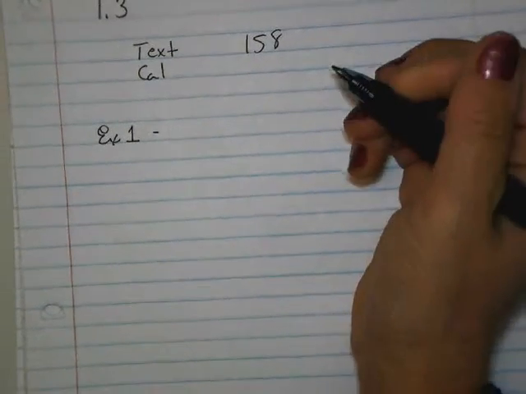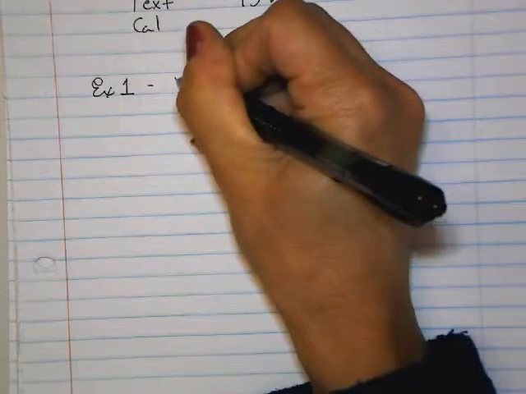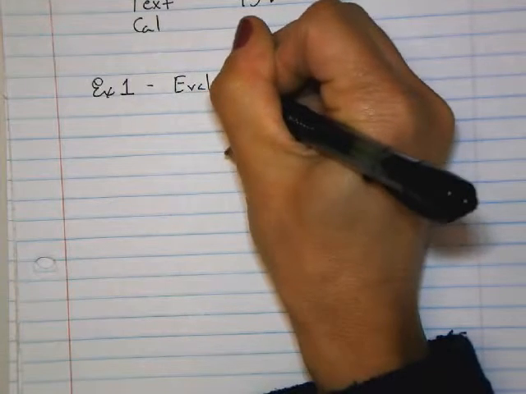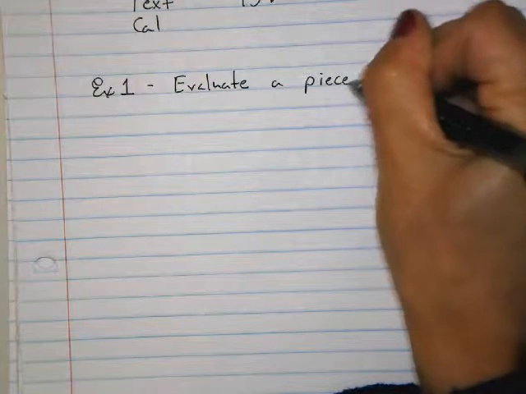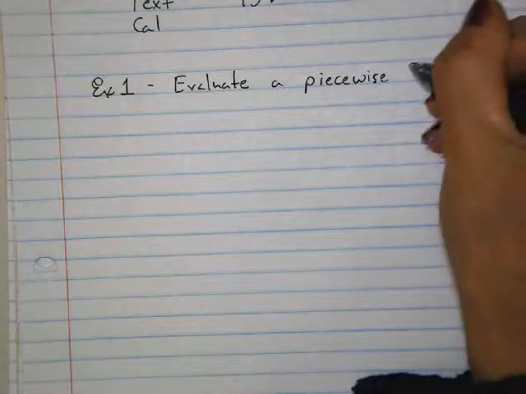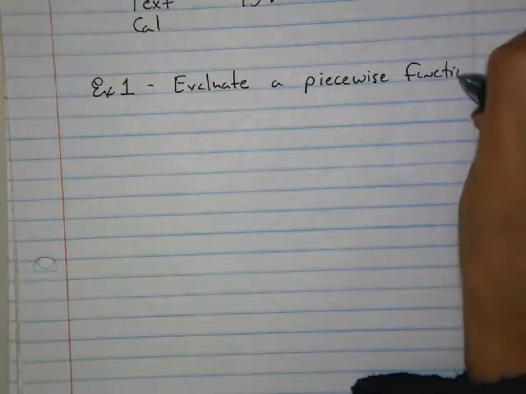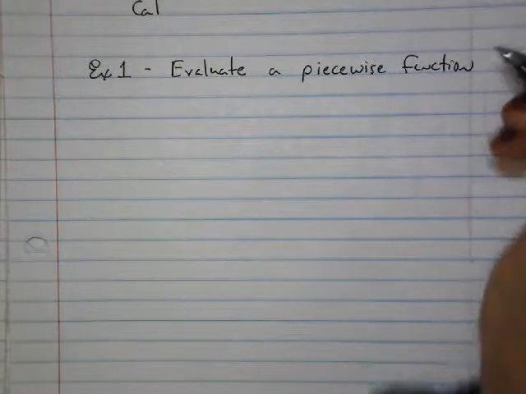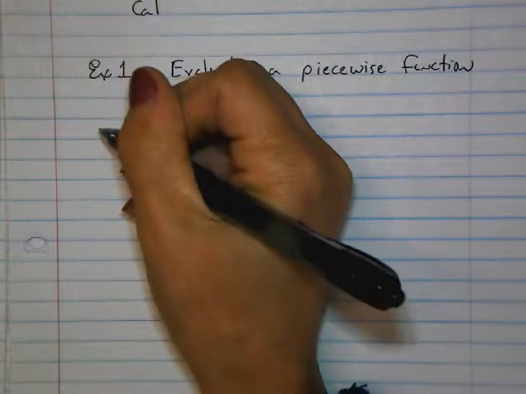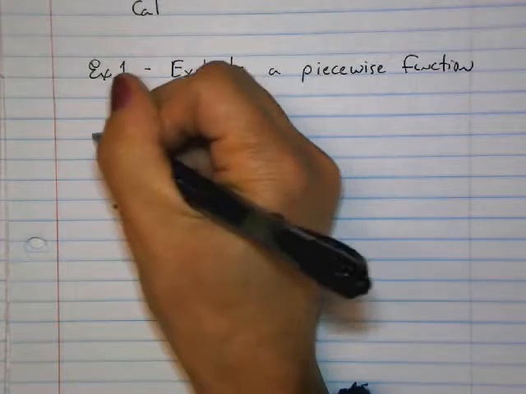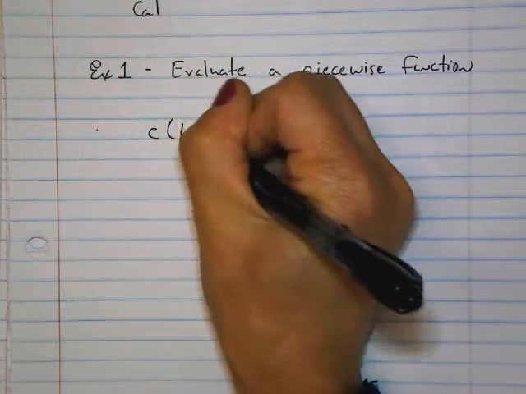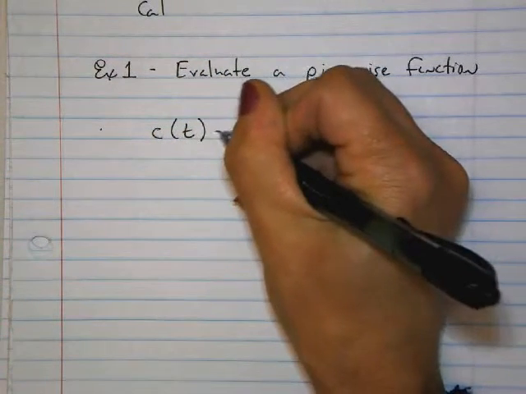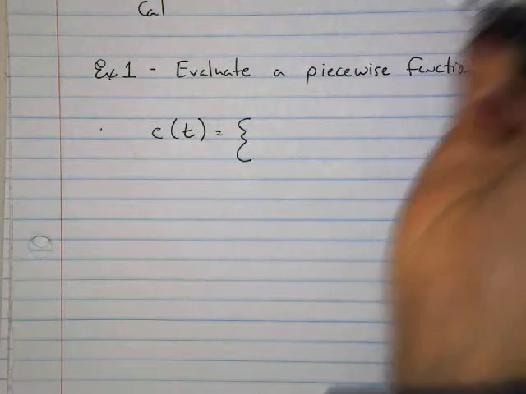So example 1, we're going to evaluate a piecewise function. Let's say you have function c, and piecewise functions look weird.